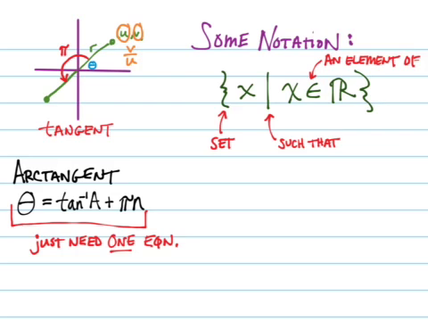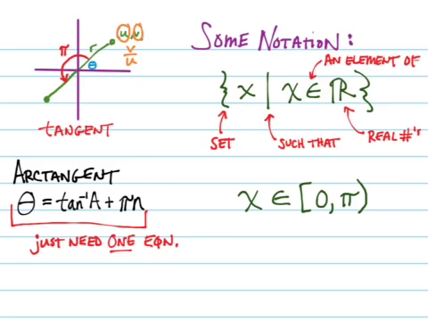Okay, that's a total aside, but we should know what those are, because if it says in the book something is an element of the integers, we need to know what that means. All right? Okay, so that's our set notation. What does this fancy E stand for again? Element. So x is an element of this interval.